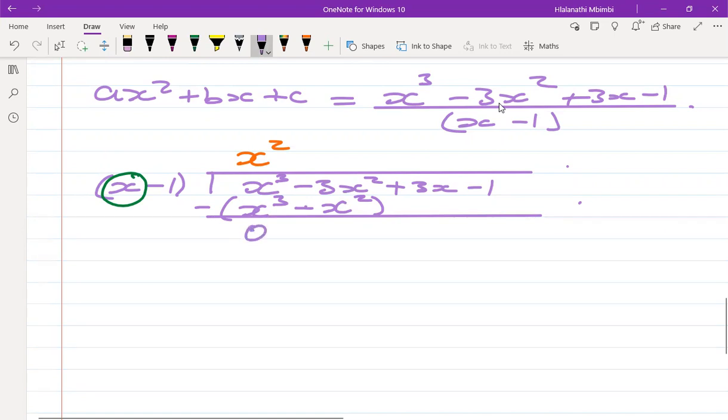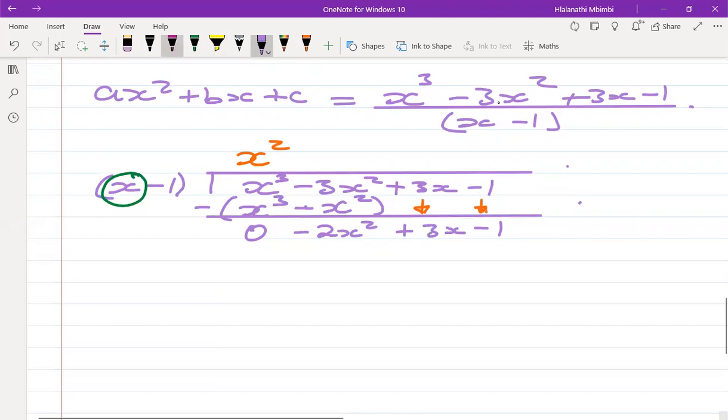And the x cubes, when you sum them, negative x cubed plus that x cubed, you're going to get a 0. On the other side, here you're going to get a negative 2x squared because you have a negative and you're adding an x squared. That's positive. For everything else that you didn't touch in that process, it's going to be left like that. So this is going to be 3x minus 1.